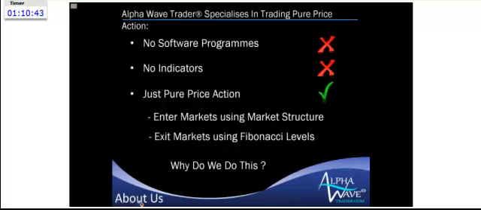So, what is Alpha Wave Trader Method? What really makes it so unique and so different? I couldn't be more proud to tell you that it involves no software whatsoever, no indicator of any kind. I spent years and years trading pure price action, recognizing that every single indicator that there is in the market is delayed.